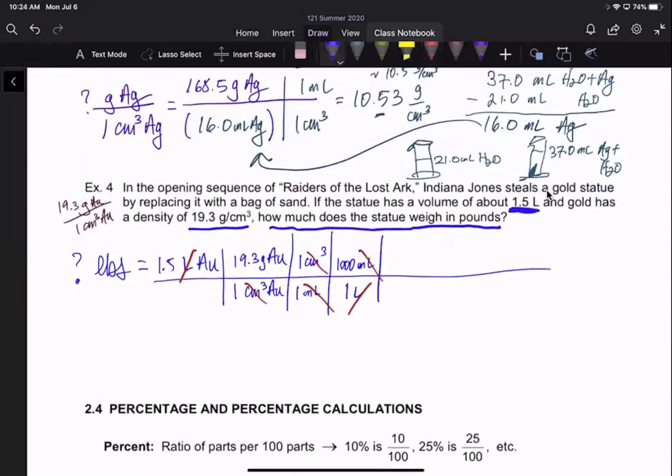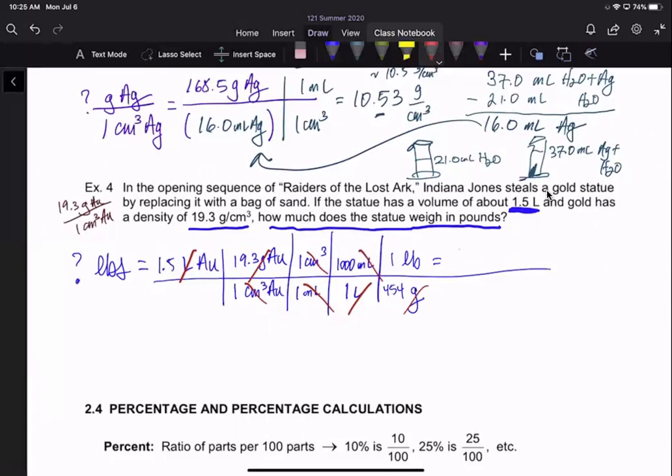All right, so here are grams. Grams need to go down here. 454 grams in 1 pound. That cancels my grams, and we've got our answer. 1.5 times 19.3 times 1,000 divided by 454.